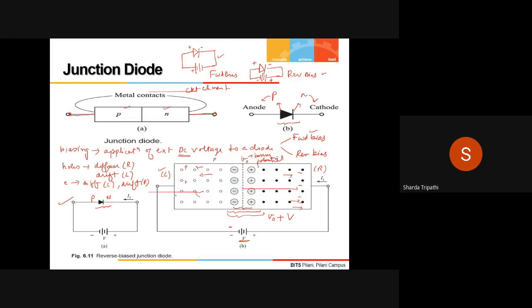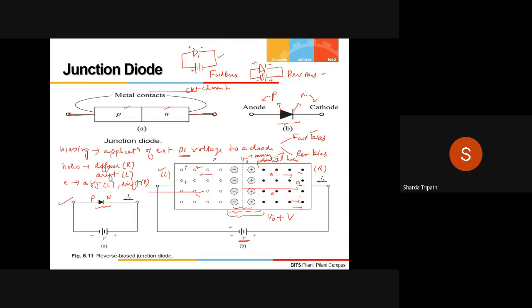So the first thing is that when I apply reverse bias, I am widening the depletion region. Why? Because the holes will be attracted to the negative side of the battery and the electrons will be attracted to the positive side of the battery. The second thing is that in the N type, electrons are the majority carriers. Here we have a lot of electrons, but also a few holes, which are minority carriers in this region.